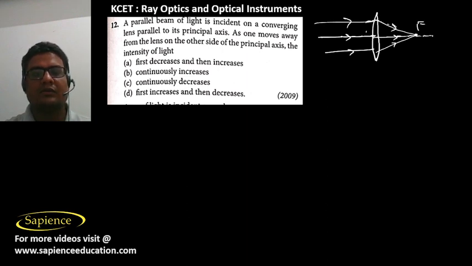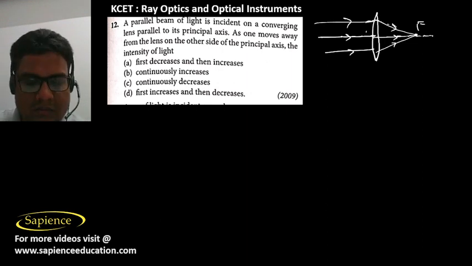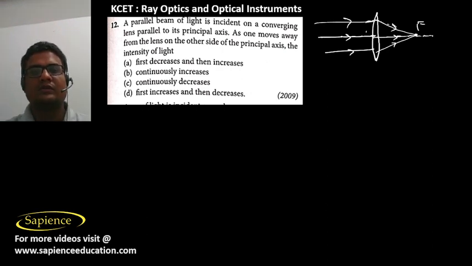As one moves to the other side of the lens, what will happen? First the rays will converge and then they will diverge.